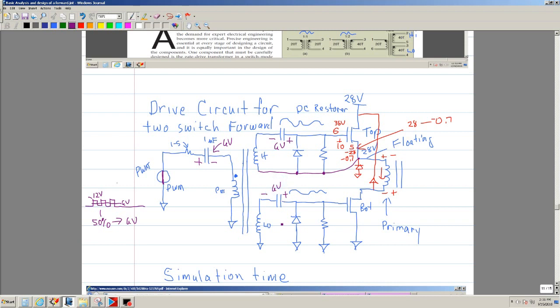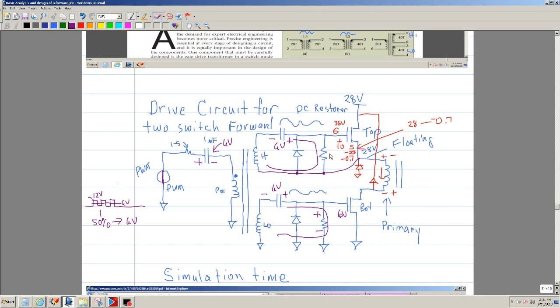Since you don't have any more pulses, and they're charged, that charge has to dissipate and it'll flow in this direction. And what does that do? That 6 volts is constantly on the bottom FET.